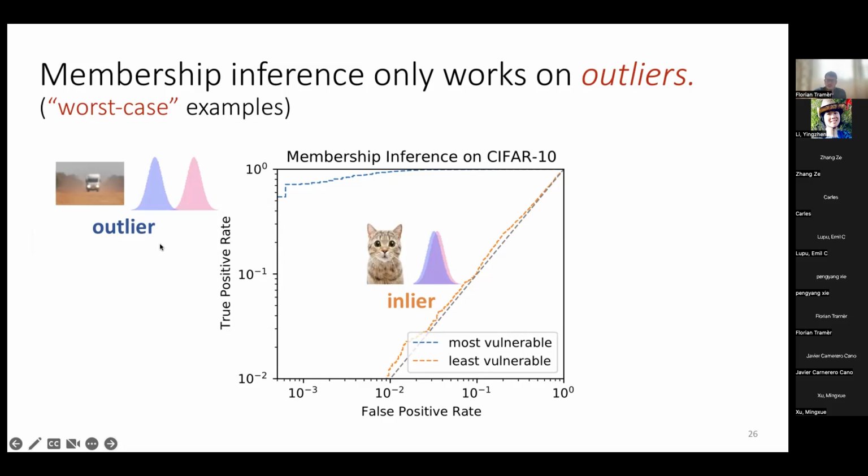When we looked earlier at these 2 example images, in the case of this cat image, it doesn't seem possible to do membership inference, because whether you train on this image or not, the model's loss is always kind of the same. The model is always going to have very low loss on this image, whether it saw it during training or not. And intuitively you just can't do membership inference well for these kind of inliers.